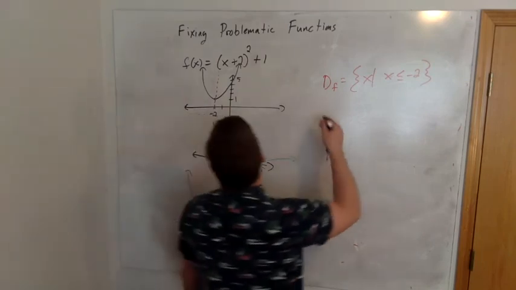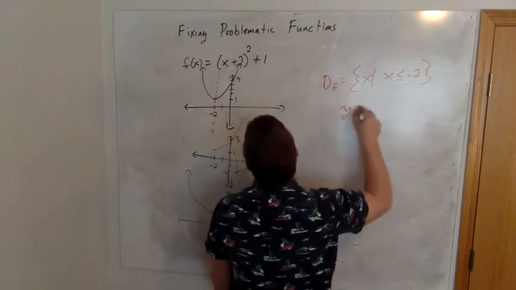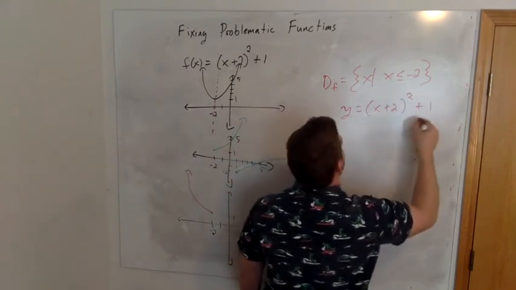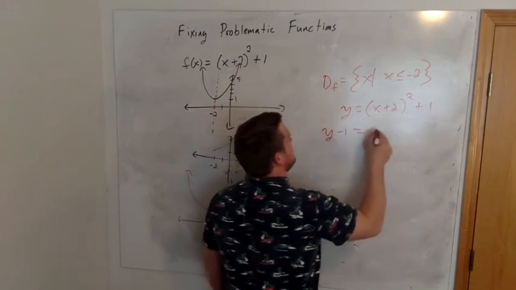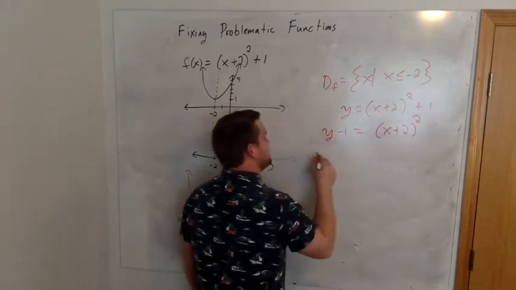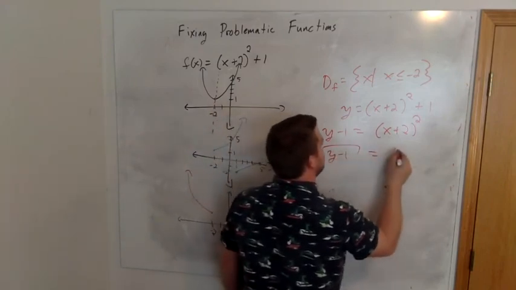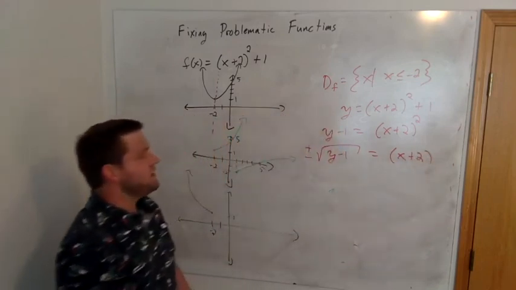Okay, so if I were to find the formula for the inverse, we'd have y would be equal to (x plus 2) squared plus 1. Okay, I'm just going to go ahead and solve for x, so we'll get y minus 1 is equal to (x plus 2) quantity squared. Now we'll square root both sides. We'll have the plus or minus square root of y minus 1 will be equal to x plus 2. But do we choose the positive or negative version?